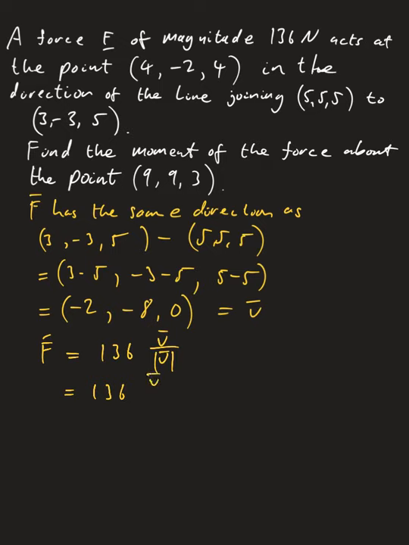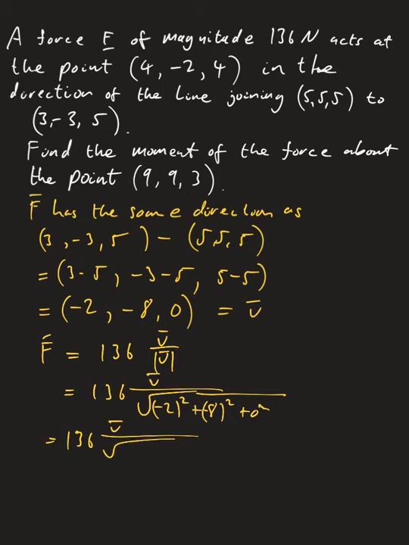So what's the magnitude of V first of all? It's equal to the square root of minus 2 squared plus minus 8 squared plus 0 squared. That's equal to 136 times V divided by the square root of 4 plus 64 plus 0.